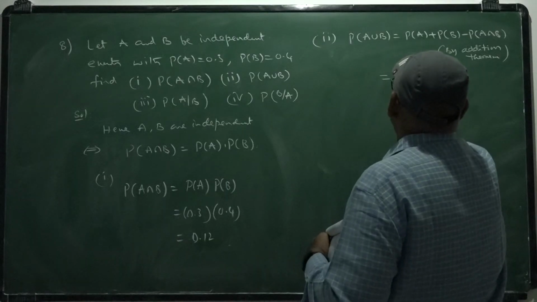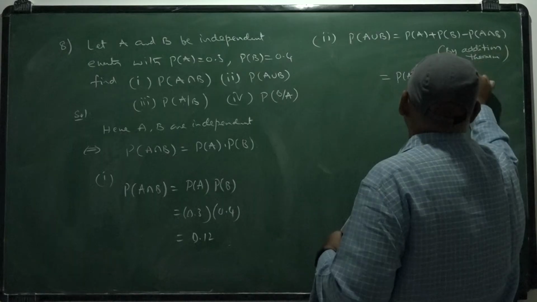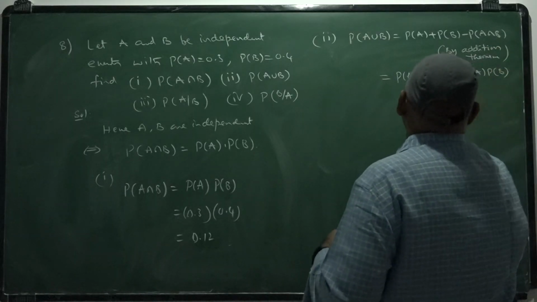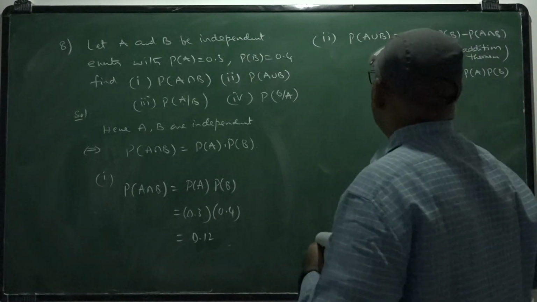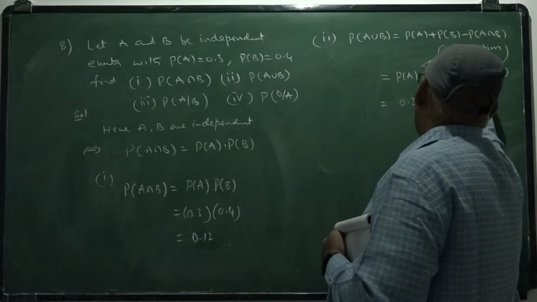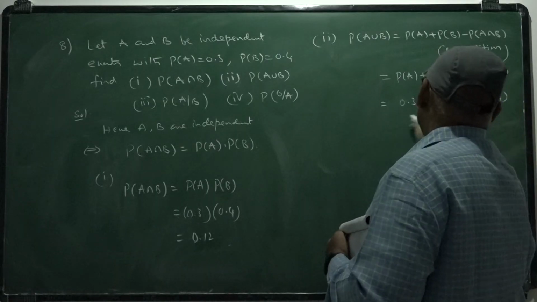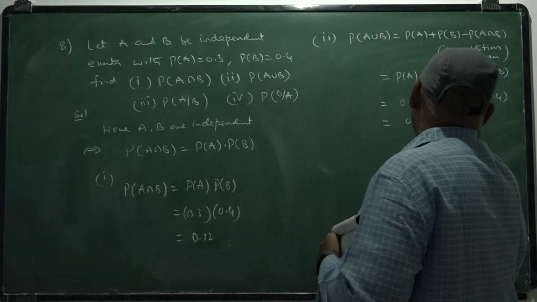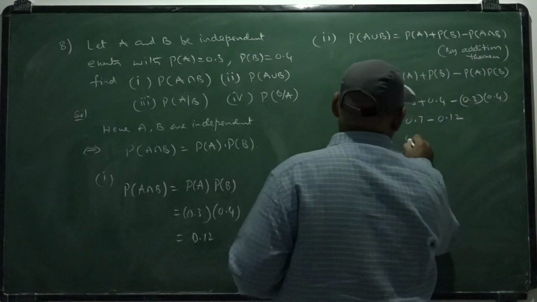Since they are independent, intersection probability is the product of the probabilities. Hence, probability of A union B is 0.3 plus 0.4 minus 0.3 into 0.4 itself. This is 0.7 minus 0.12. This is 0.58.